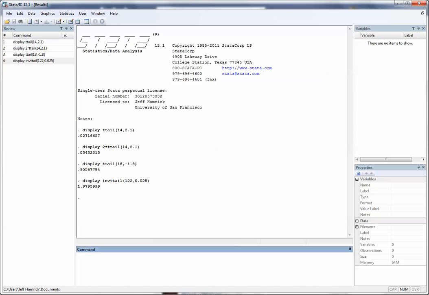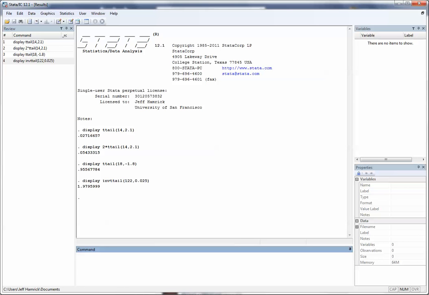So that's very close to the 1.96 that we were getting when we were doing normal probability calculations. But once again, the point here is that we're leaving 2.5% probability mass in the upper right tail, and 1.9795999 is the point on the x-axis that leaves 2.5% probability to the right.